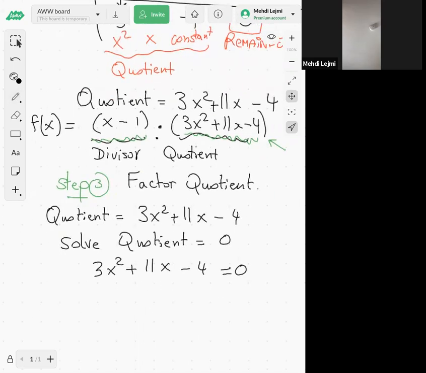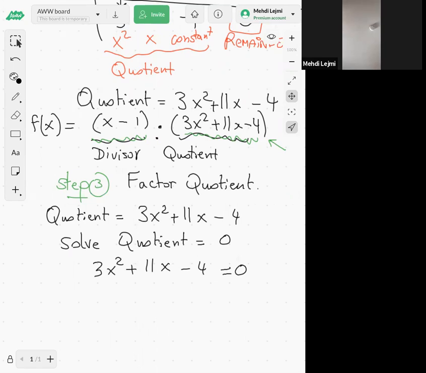Again, there are different ways to factor this quadratic function 3x squared plus 11x minus 4. I would say the easiest way would be just to solve the quotient equal to 0 using the quadratic formula, right? And then you will see it's very easy to use the solutions to factor the quotient.